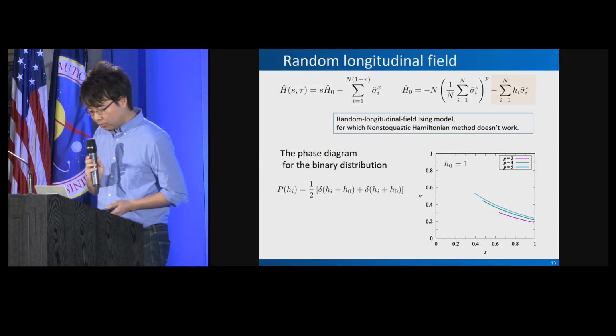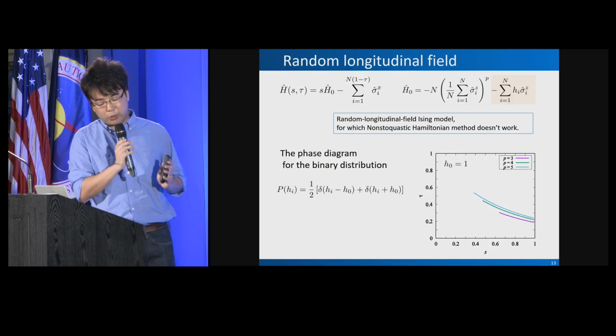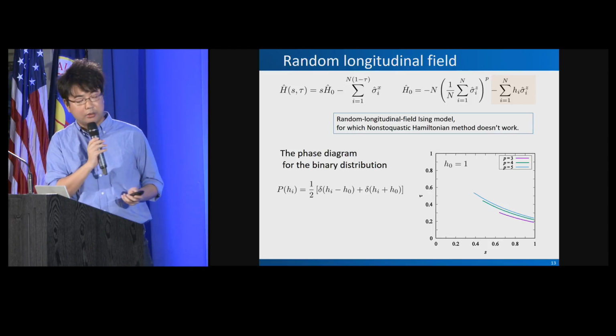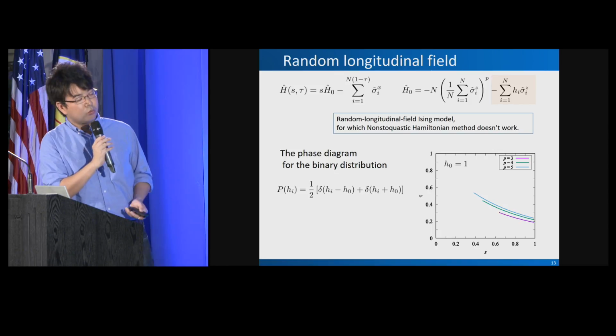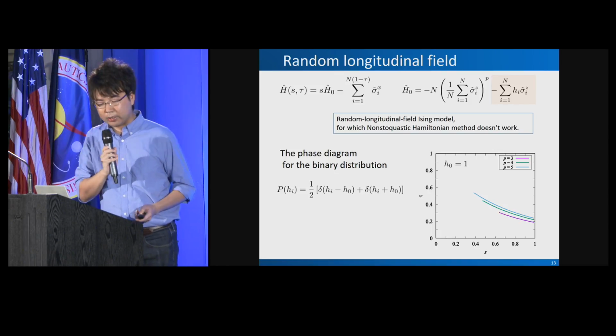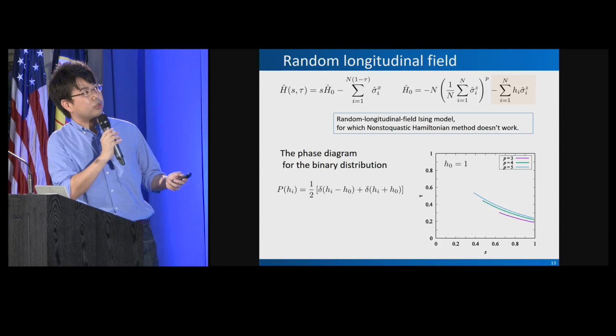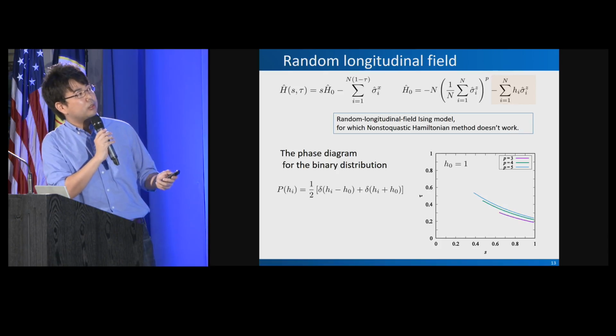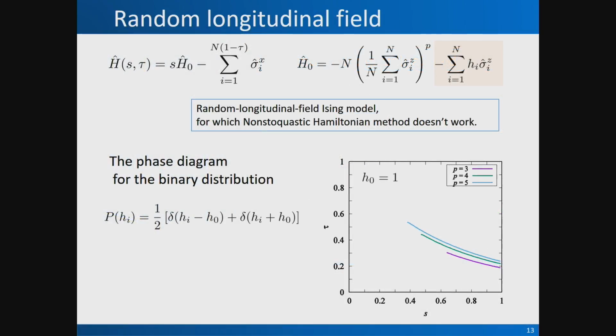But with the individual control of the transverse field, by controlling tau, we can take the path avoiding the first-order phase transition, here to here. This graph is the case for h_i taking plus or minus h0, and we set h0 equal to 1. We can also plot a similar graph for when h_i follows the Gaussian distribution.